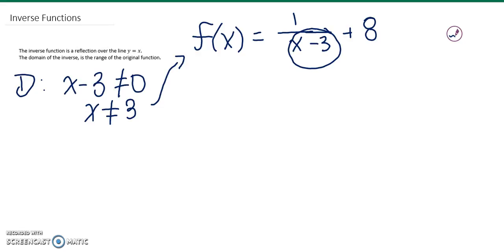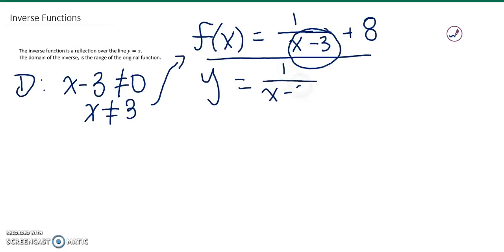Now, we can find the inverse and calculate the domain of the inverse to find the range of f of x. We begin by replacing f of x with y, and we rewrite our equation as y equals 1 over x minus 3 plus 8.